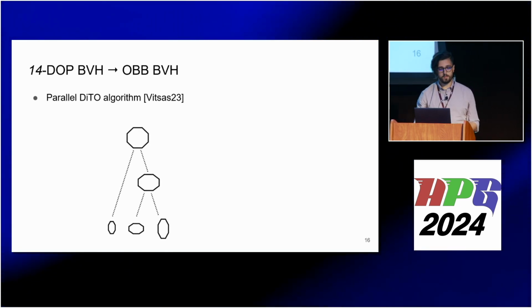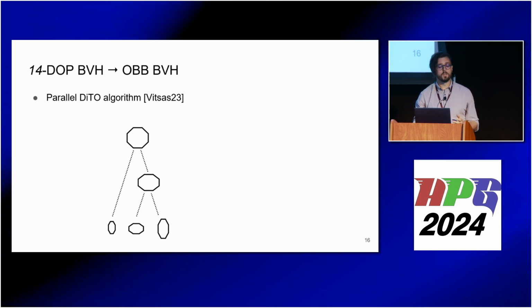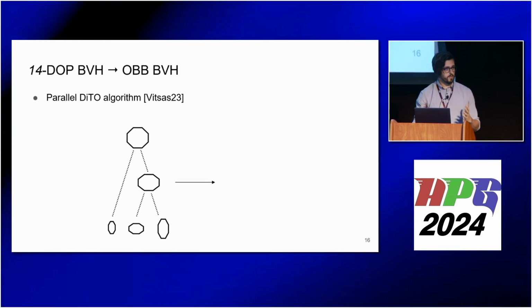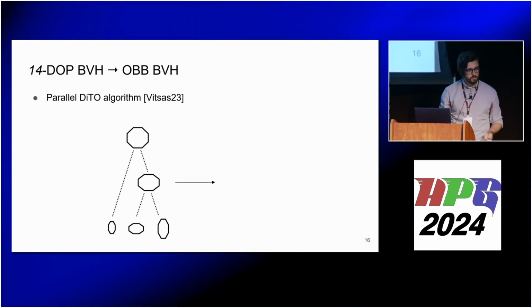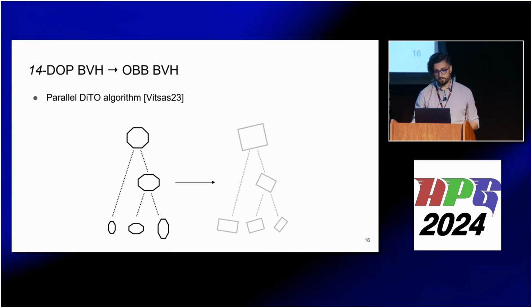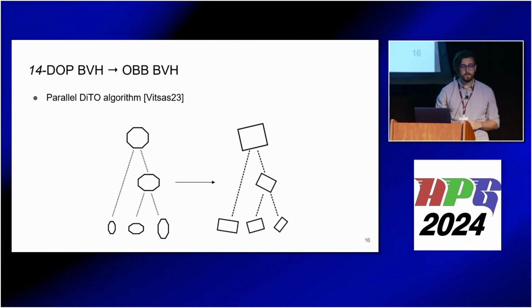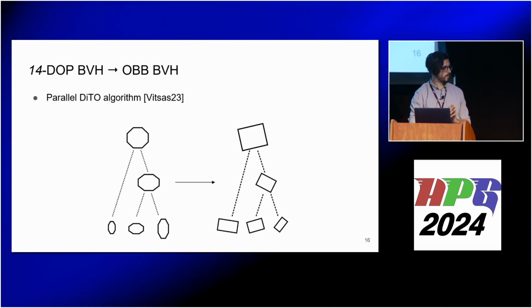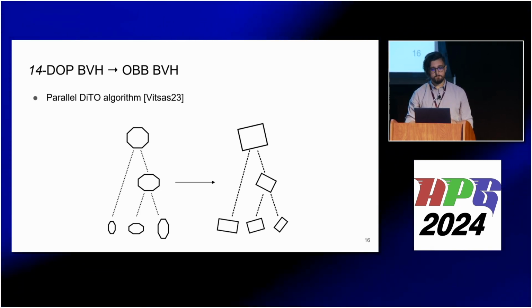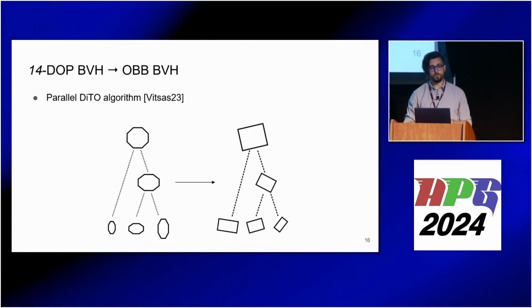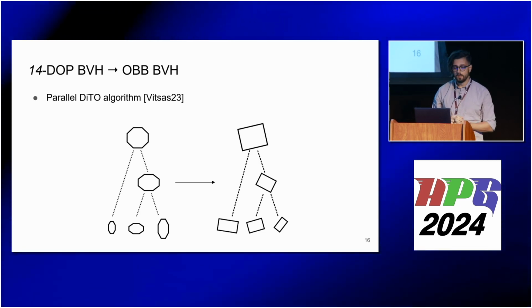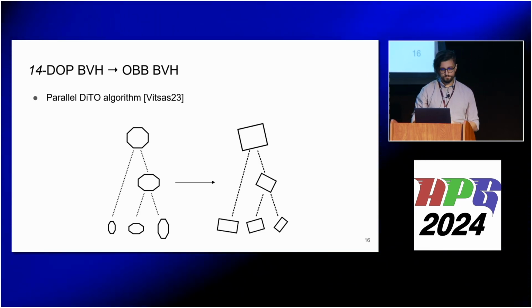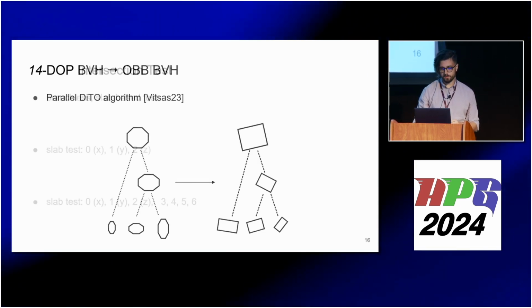I will not describe it in detail, but the idea is similar to our first algorithm. You have an existing hierarchy, you apply this algorithm, and you end up with another hierarchy, in which, again, the topology is optimized by the previous builder, and the new bounding volumes, in this case OBBs, are contained in the nodes. So this was the third algorithm.